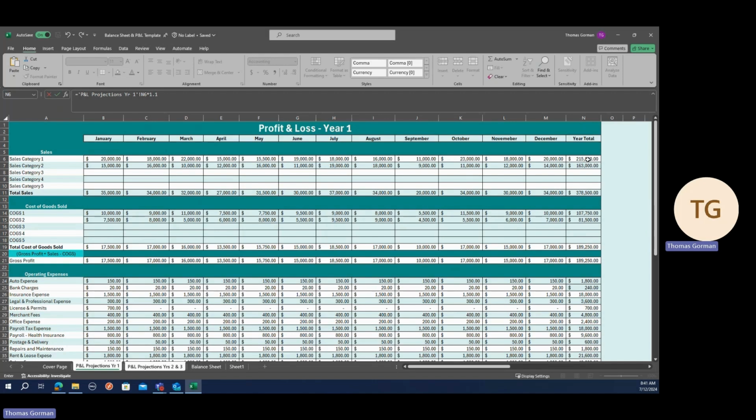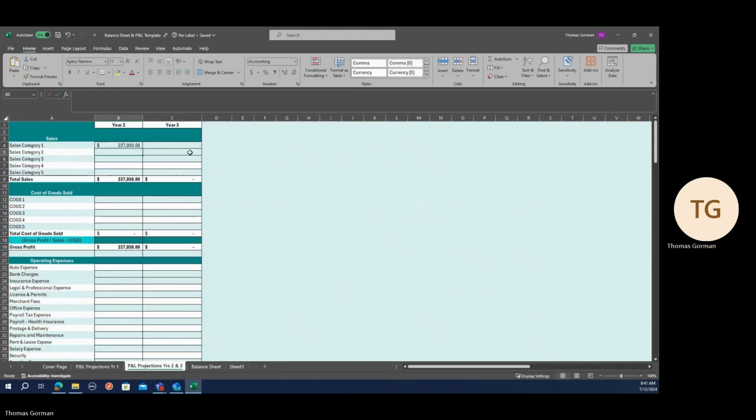So 1 would give us the 215,500, and the 0.1 would represent that 10%. Then we hit enter. And there we have our 10% increase on product number one for year two.